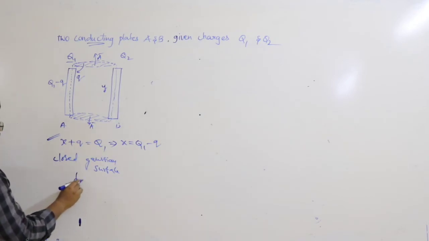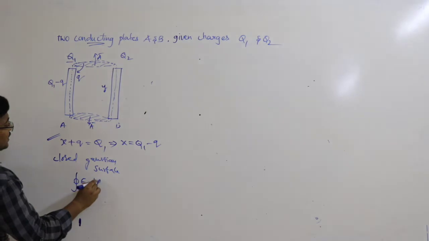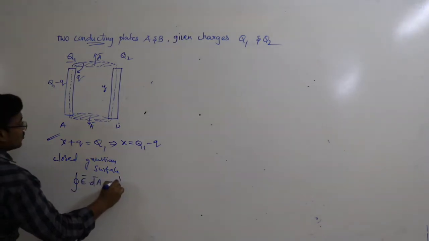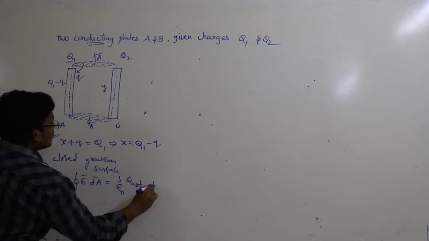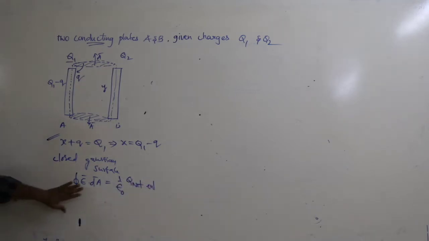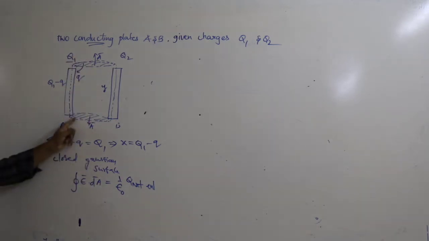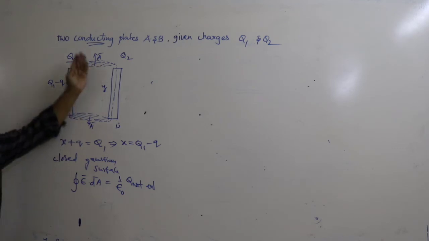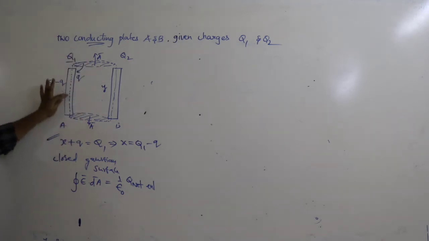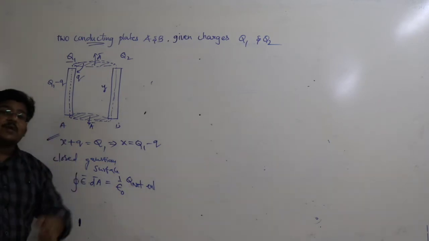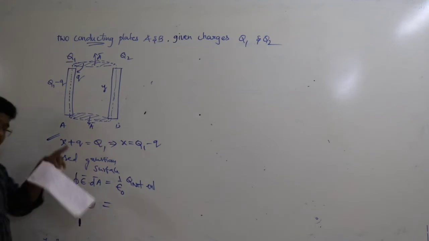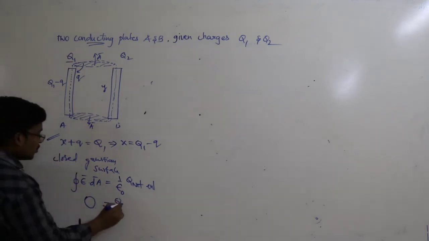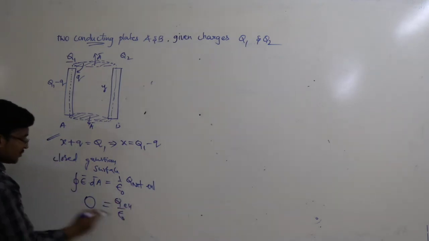Can I say the total E bar dot dA bar is equal to 1 by epsilon naught times the net charge enclosed in this. On the left hand side, the total electric flux through the Gaussian surface is 0. Through this anyhow 0, through this anyhow 0, no flux. But for the curved surface which is inside the plate, the total electric field will be 0. To make this 0, Q enclosed by epsilon naught must be 0.